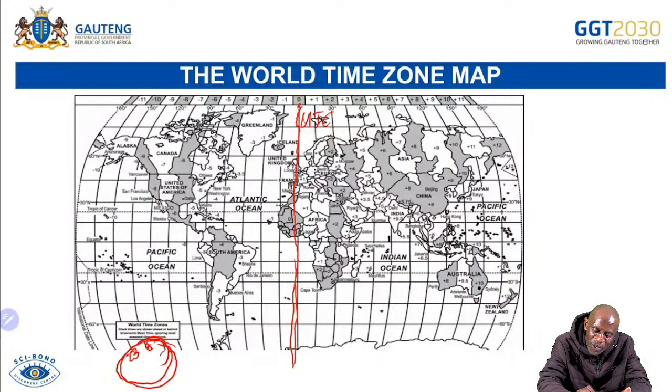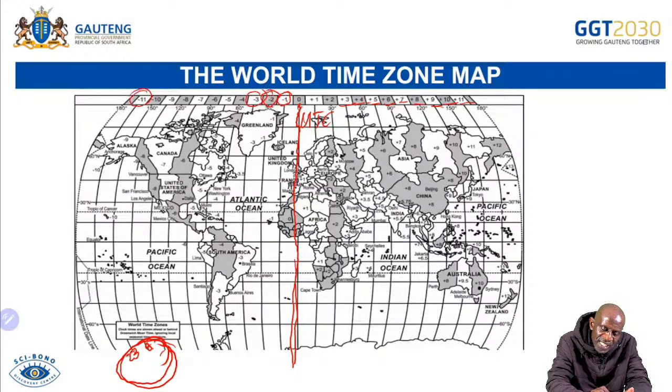So when you go towards the east, you start counting, so you'll have 0, and you'll have +1, +2, +3 here, +4, +5, +6, +7, +8, +9, +10, and +11. This side also you'll have -1, -2, -3, -4, up to -11.